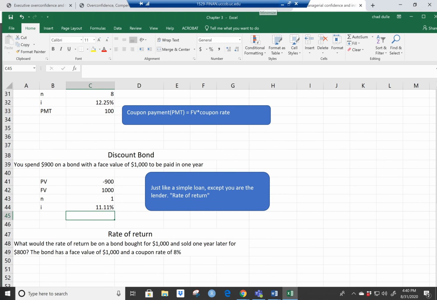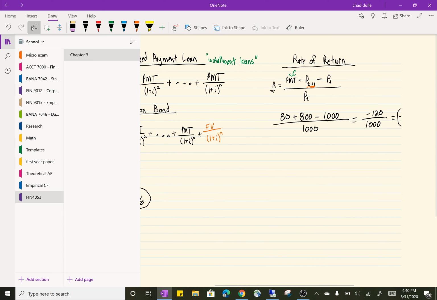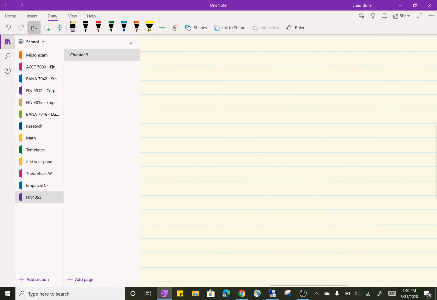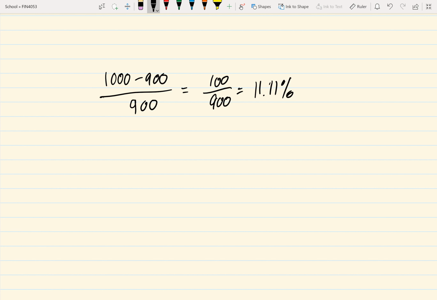And again, this is the same thing as, so that's the same thing. It's just a simple growth rate or rate of return.